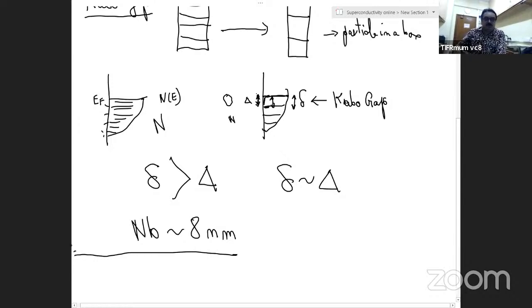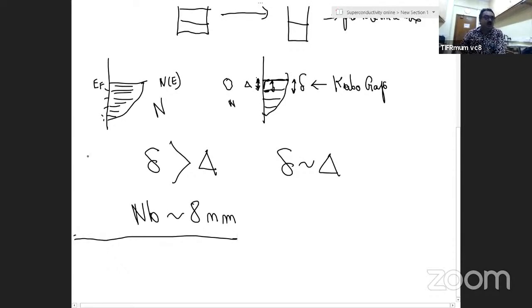But suppose I am at a slightly larger size. My particle size is such that the Kubo gap is smaller than delta, so superconductivity is not destroyed, but the Kubo gap is not very small compared to delta.